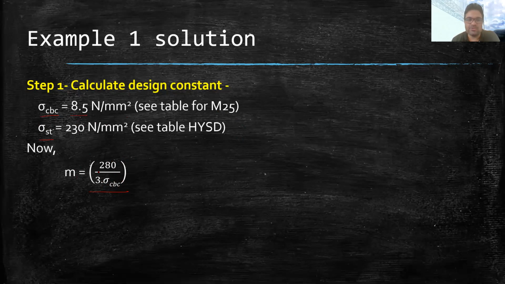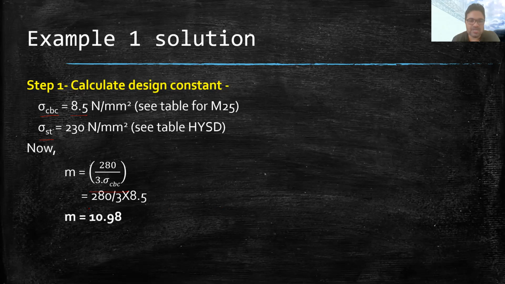So putting the value, it will be 280 by 3 into 8.5, and on further solving, the value of M comes out as 10.98. This is how we find the value of M.